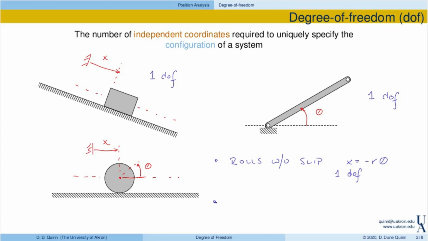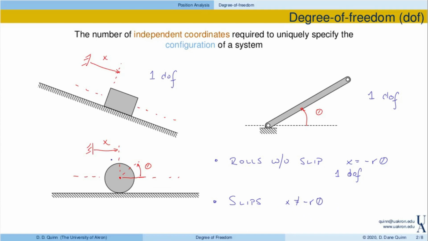However, if the disk slips, then the displacement in the horizontal direction is no longer tied to the rotation of the disk. So x is not equal to minus r theta.